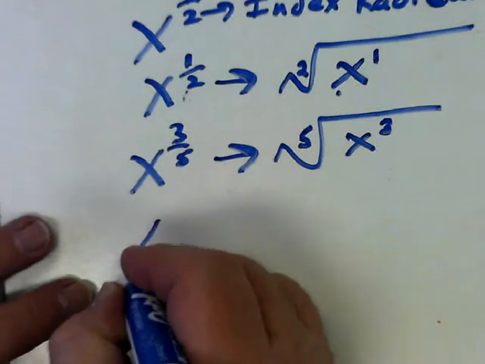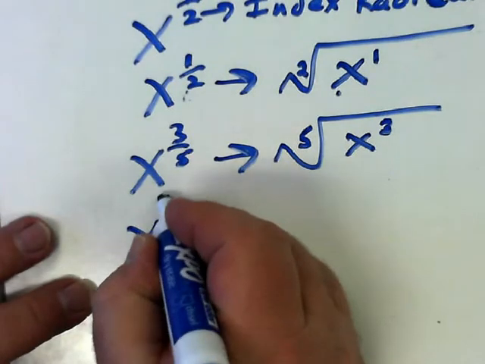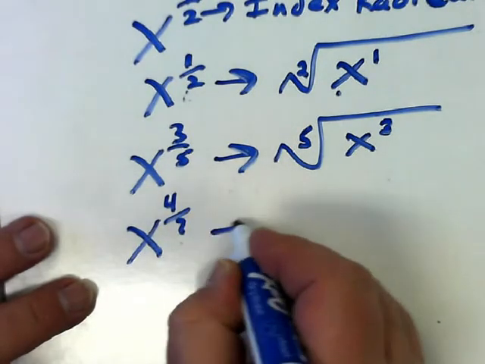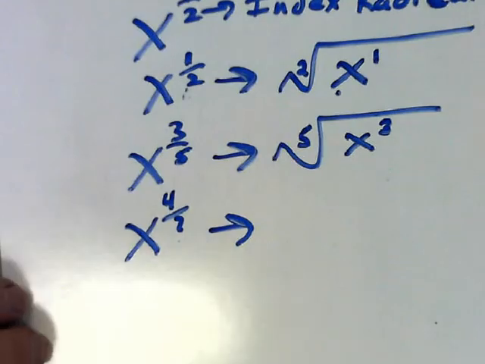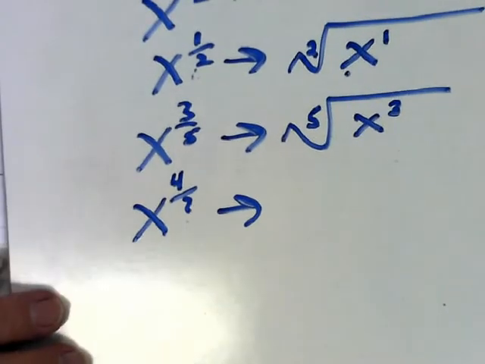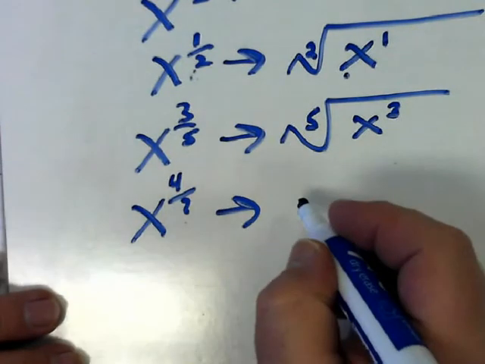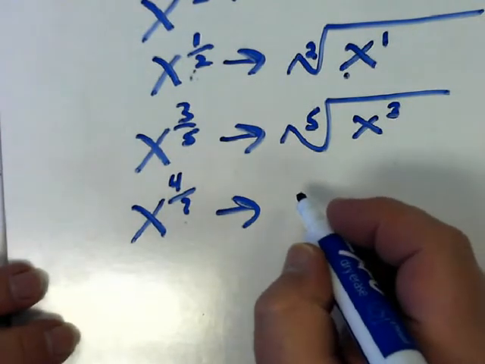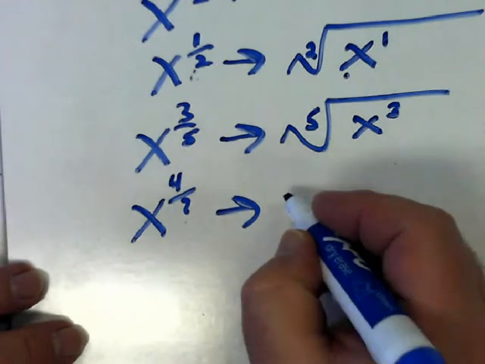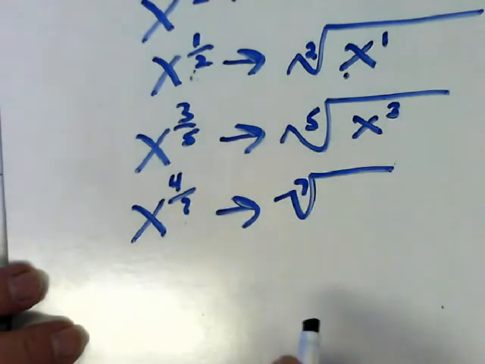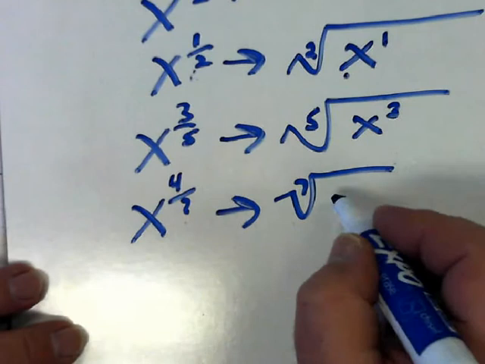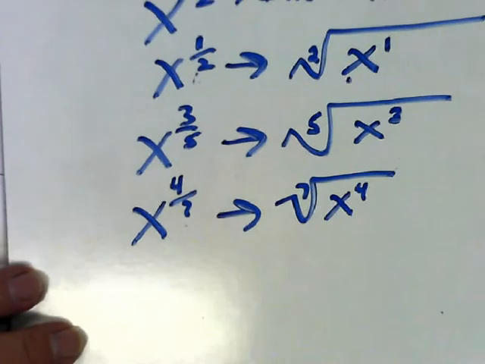What happens if I have x to the 4/7? Okay, so the 7 goes inside of here for the index, and x to the 4th.